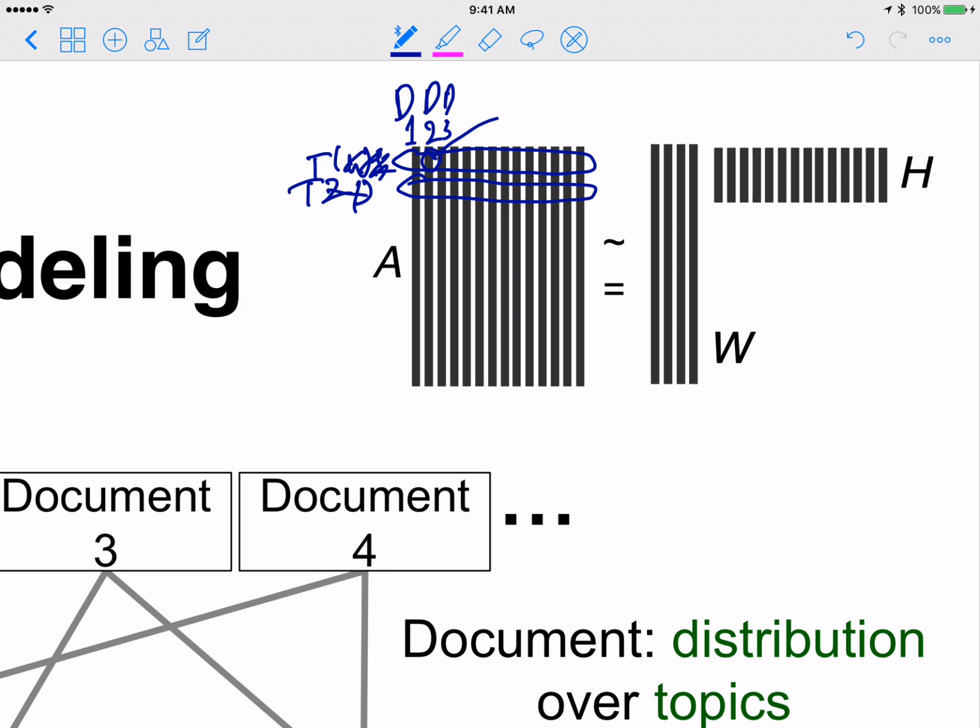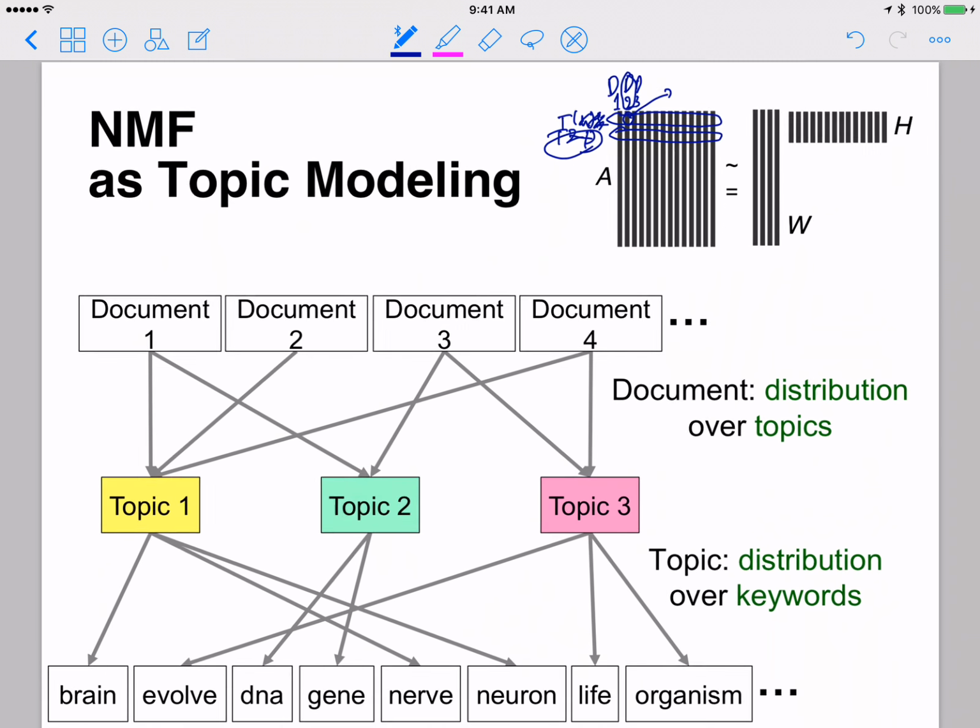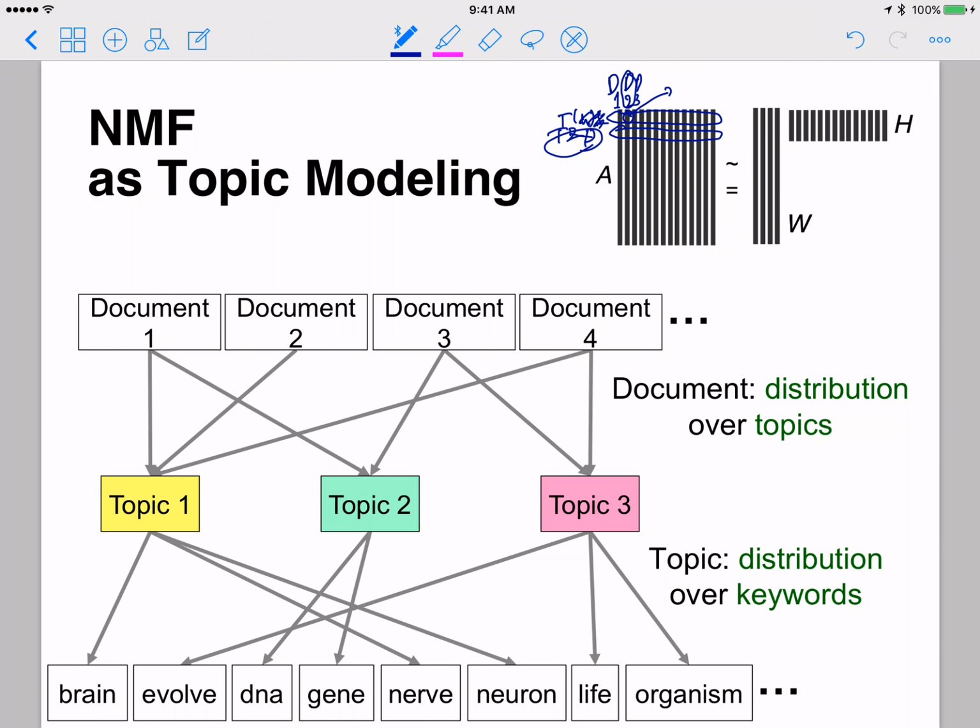Each element contains the frequency of a particular word in a particular document. So this is called a term-document matrix representation of our input data as a text document.